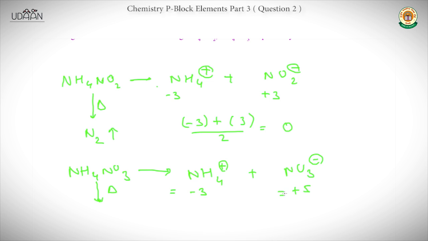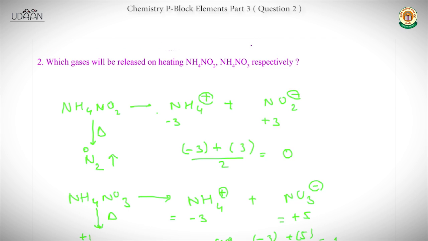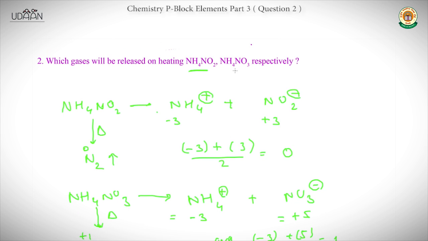When we take the average, -3 plus 5 upon 2, we get 1. So the product formed will be N2O, where the oxidation state is +1. This is the concept which helps you in remembering the products in this type of heating effect.